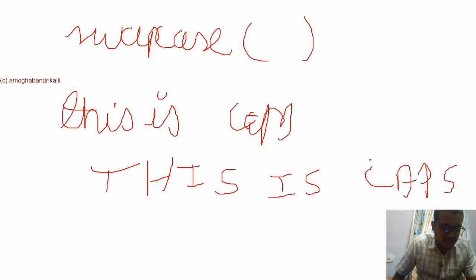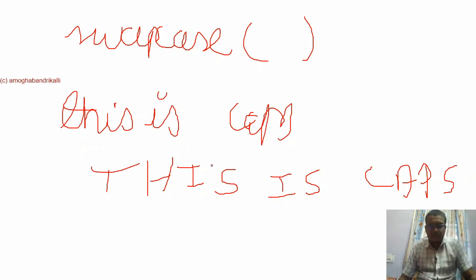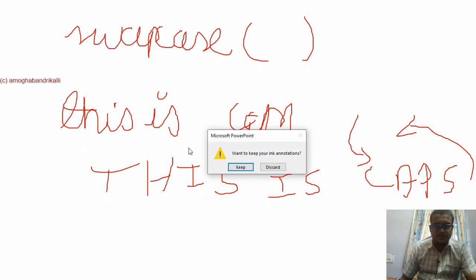So this is called swap case. If it is smaller, it will be converted into bigger. If it is bigger, it will be converted into smaller, like this.